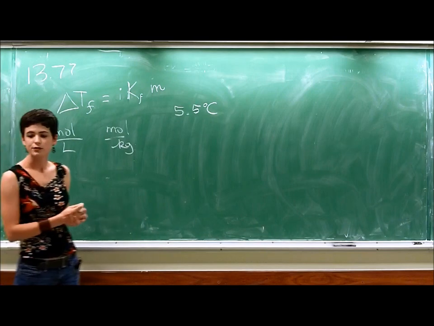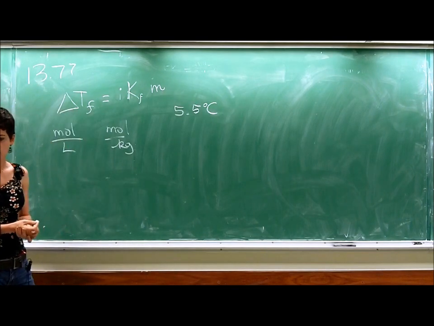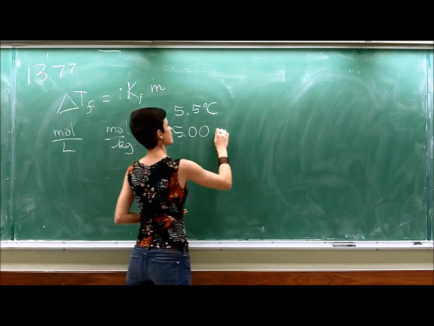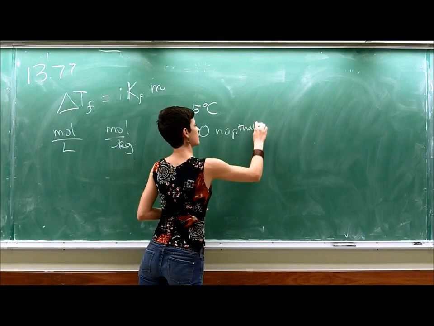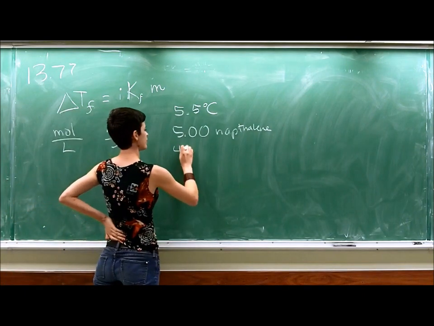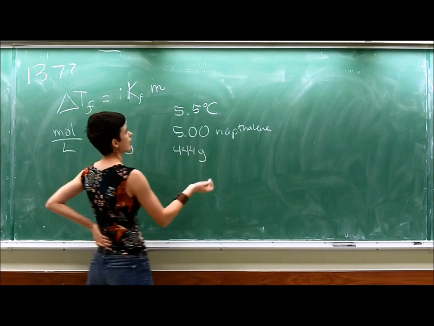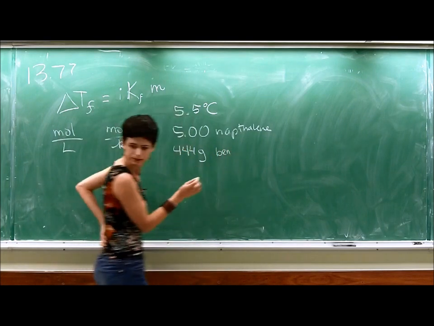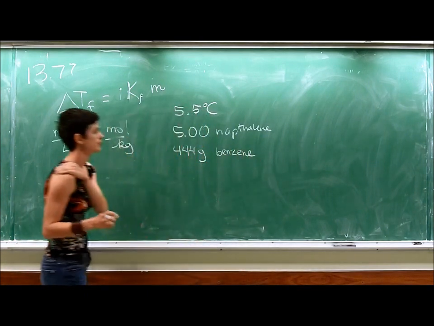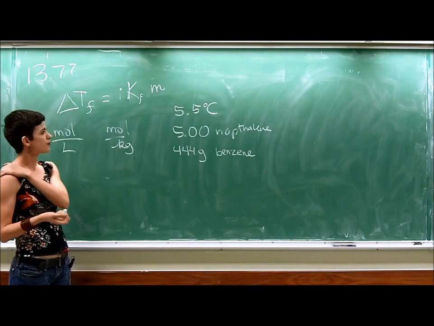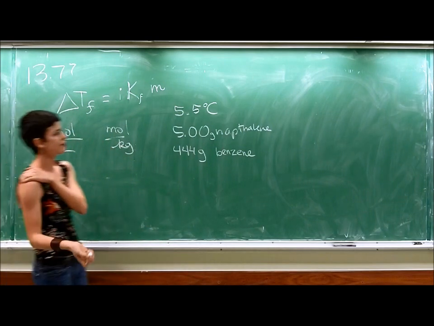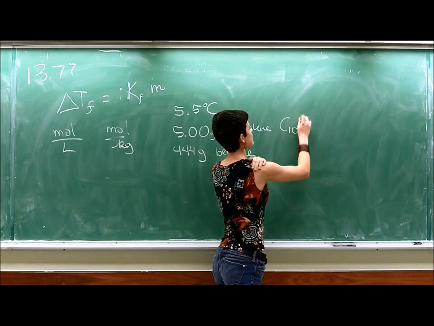What is the freezing point of a solution of benzene when we have 5 grams of naphthalene dissolved in it, and we have 444 grams of benzene that we're dissolving the naphthalene into? So the first thing we need to do is naphthalene. We're given in the problem that it is C10H8.